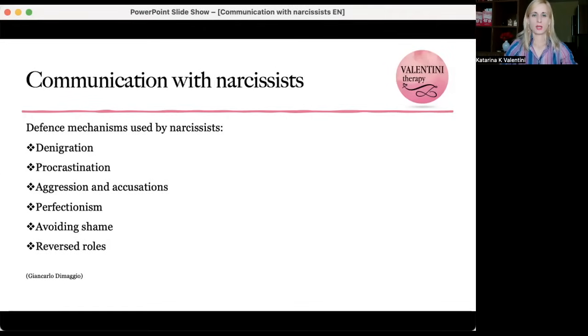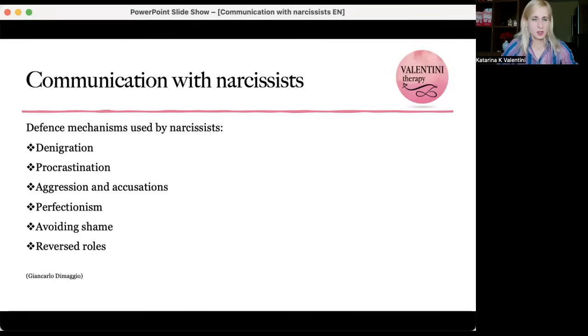Now, in communication with narcissists, pay attention to the following defense mechanisms that they use. These are by Giancarlo Di Maggio, and we've mentioned some of them already. Denigration, that's placating, basically just raised to a higher level.